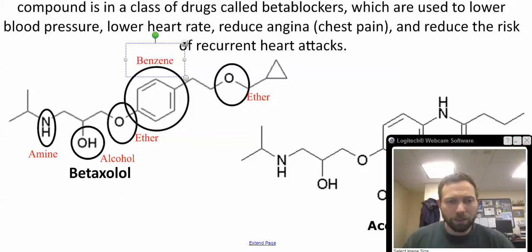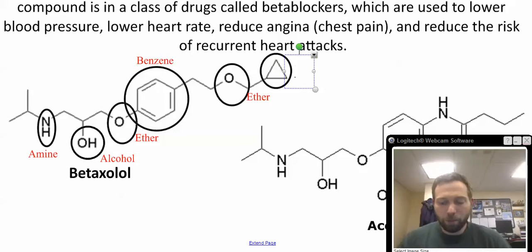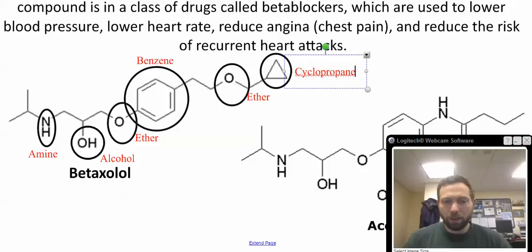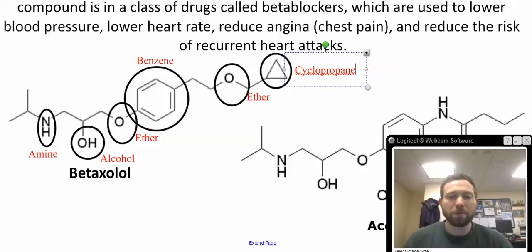This, however, at the end, this triangle is a cycloalkane. The specific name for this triangle is cyclopropane. The reason why it's propane is because it has 3 carbons around the outside there. So it's a cycloalkane, specifically cyclopropane. Just naming the groups here.